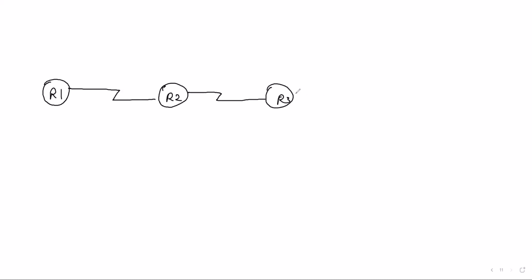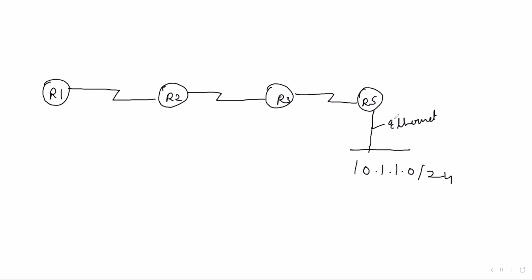Now I'm telling you one example. I have R1, then R2, then R3, R5, and the network 10.1.1.0/24. This is an Ethernet link. This is a serial link, we already know.